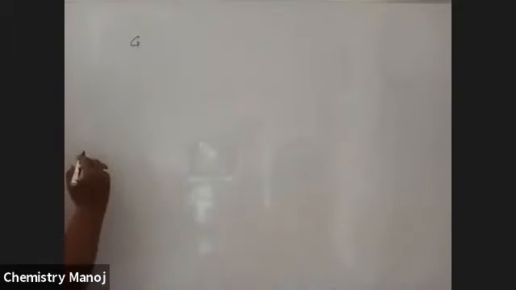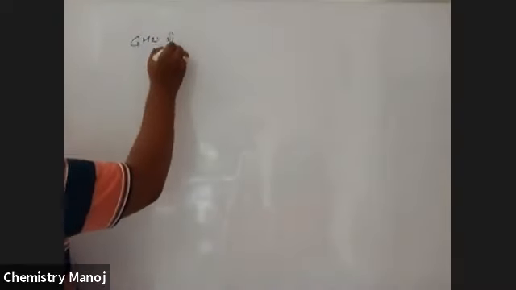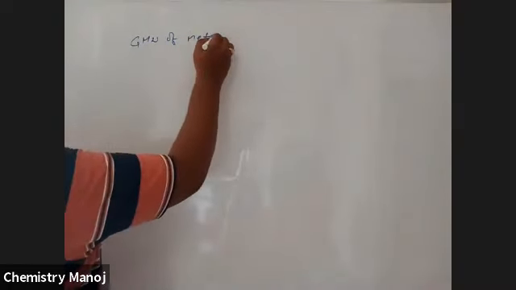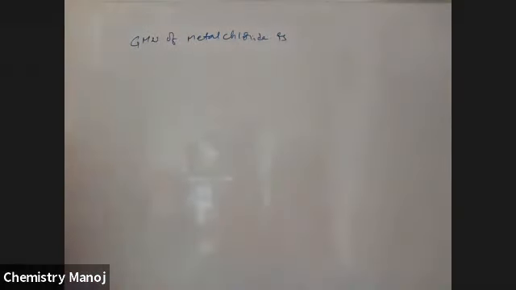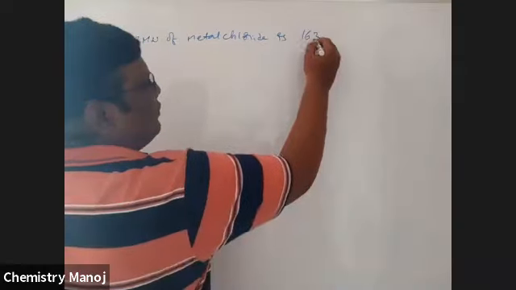Next one. Gram molecular weight of metal chloride is 163.5.